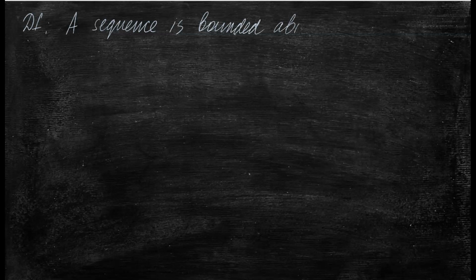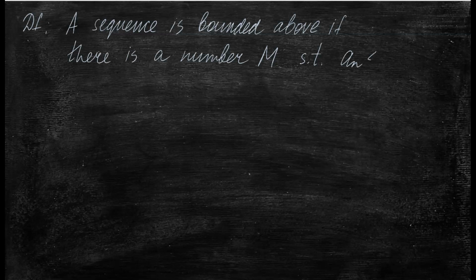And a new definition is, we say a sequence is bounded above if there is a number, so some large number, may not be large, but some number such that it is greater than any element of a sequence. So if that's true, then the sequence is said to be bounded above.